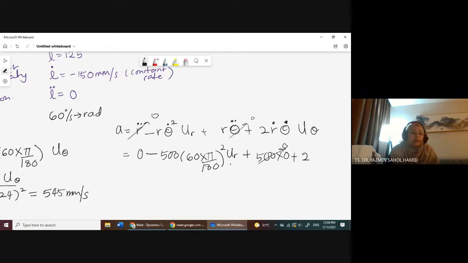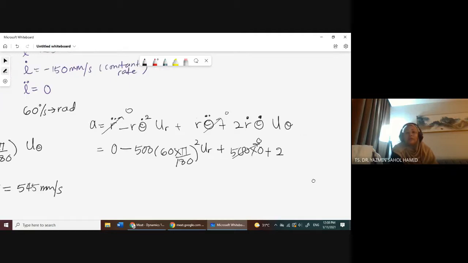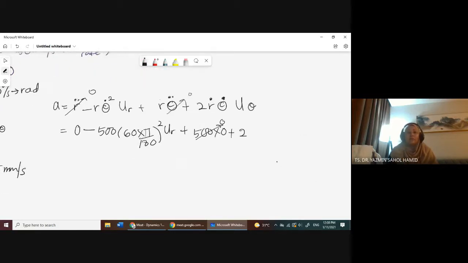What is our R? Our R dot is how much? The rate of change, that constant rate, that velocity, is negative 150. And what is our theta dot? Theta dot again 60 times pi divided by 180. This is U theta.